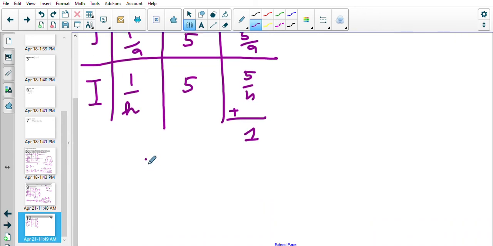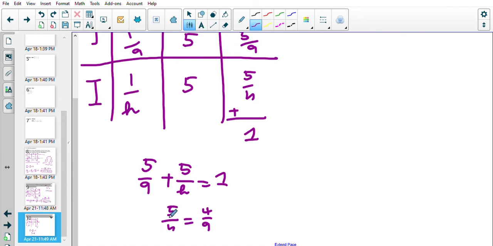Okay, so this is what we're trying to solve. 5/9 plus 5 over H equals 1. Subtract 5/9 from both sides, you'll get 5 over H equals 4/9. You can use your laws of proportions to solve this.